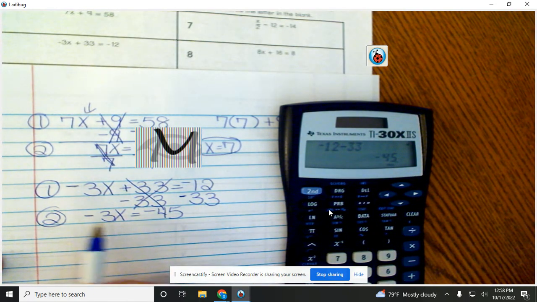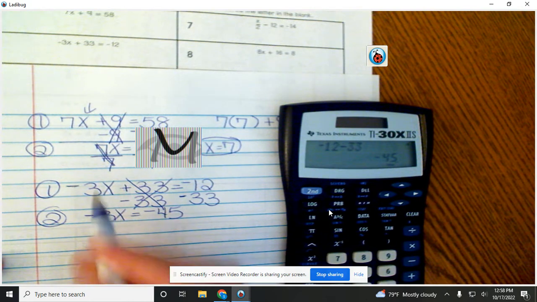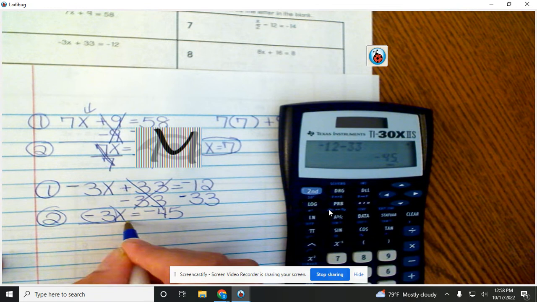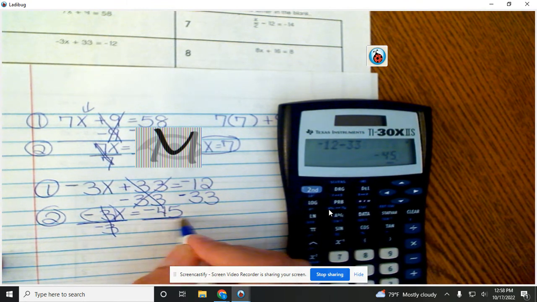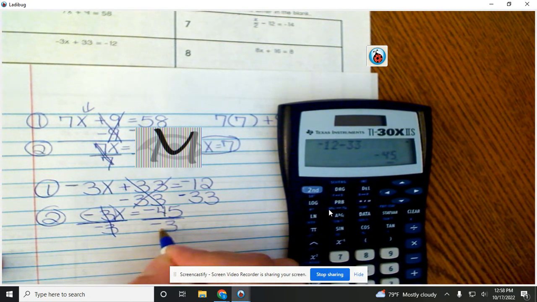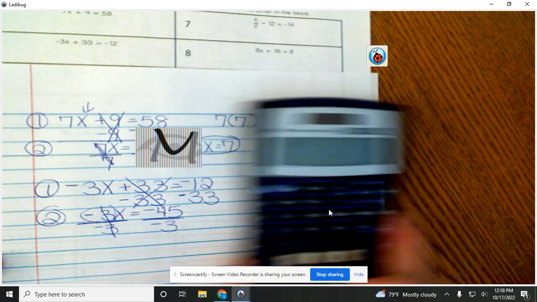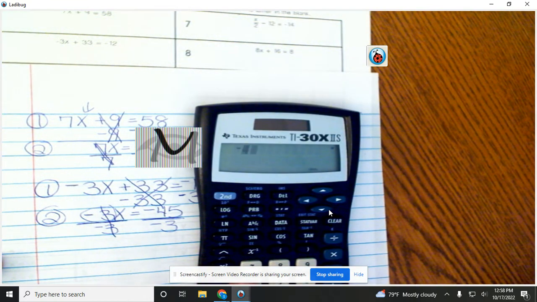What we need to do now is get x by itself. We know that negative 3x is multiplication, so we need to divide by the negative 3. If I divide by negative 3 on one side, that crosses that out. I need to divide by negative 3 on the other side. Negative 45 divided by negative 3 gives me 15.